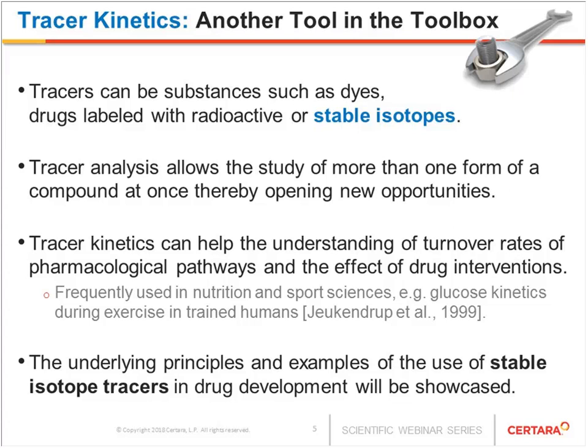In those disciplines, they use these type of tracer kinetic studies all the time to learn about the rates of various biomarkers, or to learn about the rates of physiological functions like the rate of production of glucose or of rates of lipolysis and so on under various conditions, such as under exercise conditions, under dietary restriction conditions, and so on and so forth. So there's a wealth of literature in those sciences with regards to tracer kinetics.